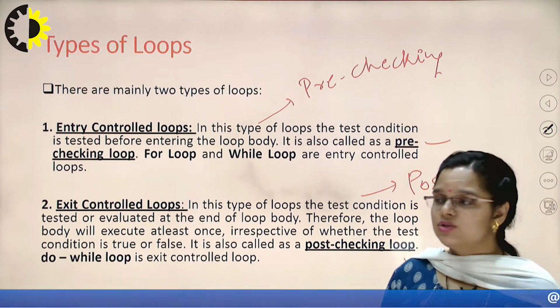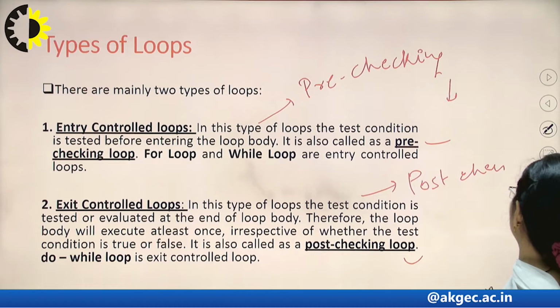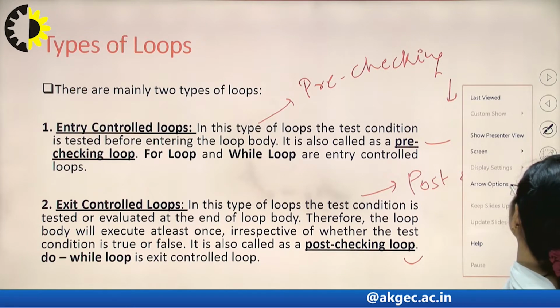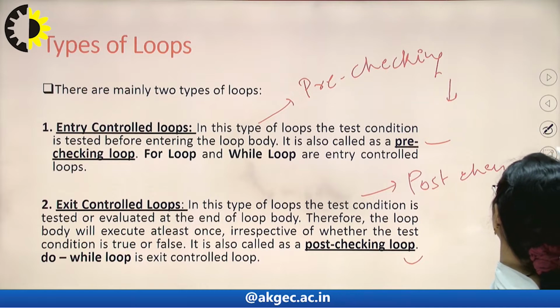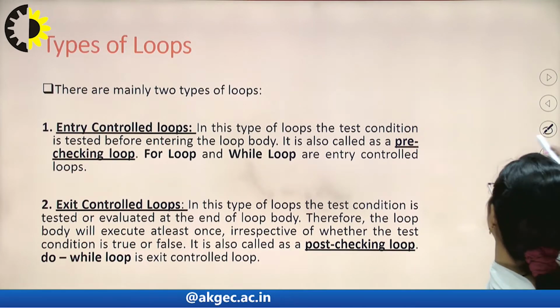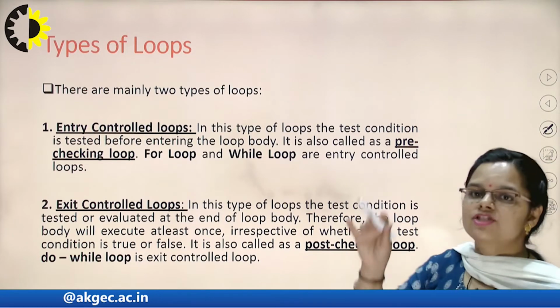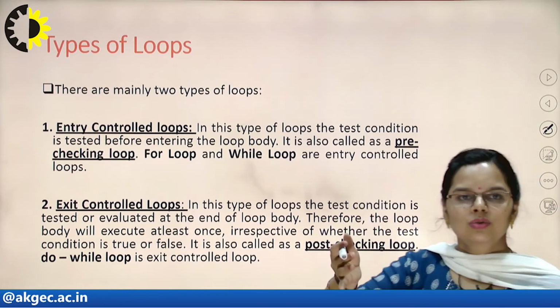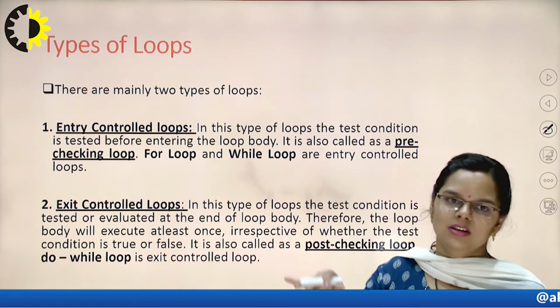What does it actually mean? Before entering inside the loop, it checks the condition. If the condition is true, then it executes all the statements inside the loop and increases the counter value.